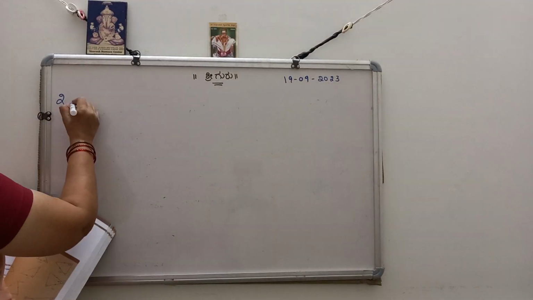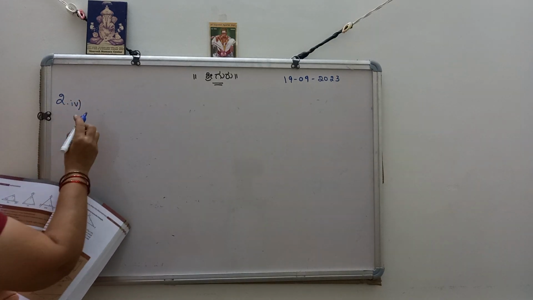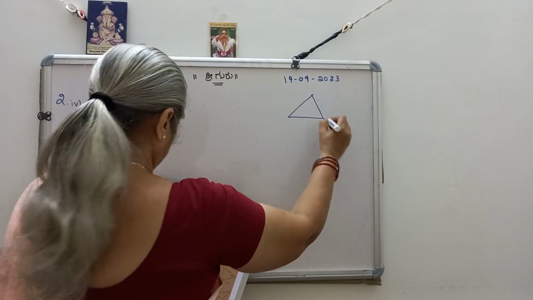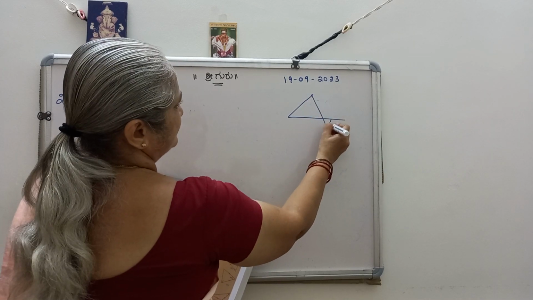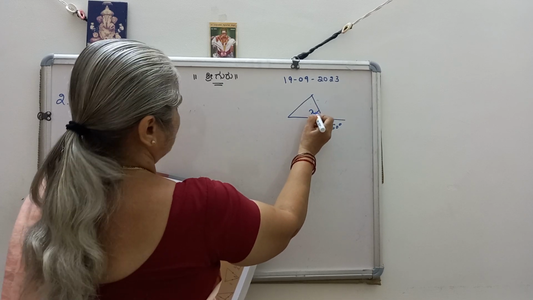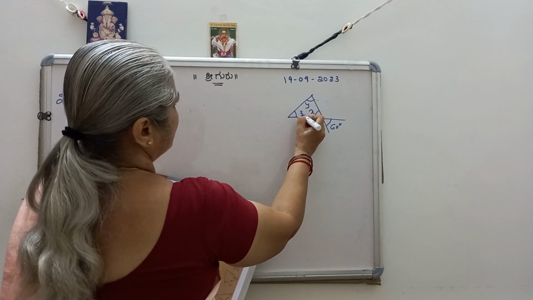The fourth one, the same thing. Two sides are extended and vertically opposite angles are formed, and one measure is given as 30 degrees.